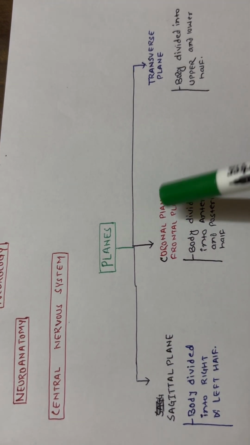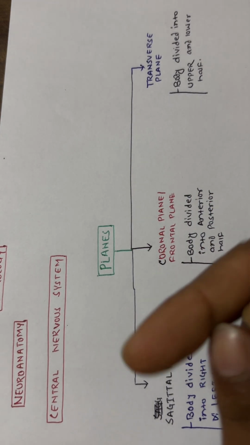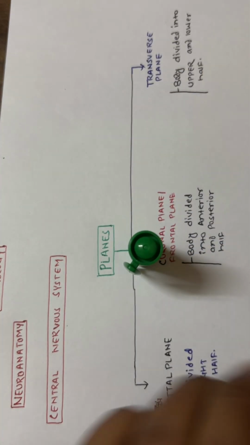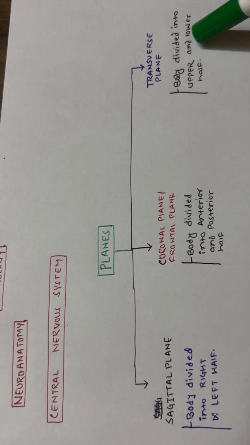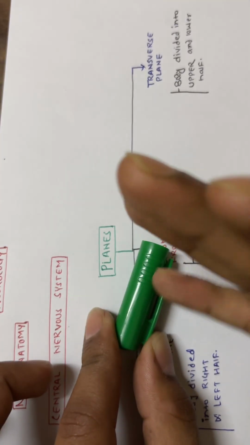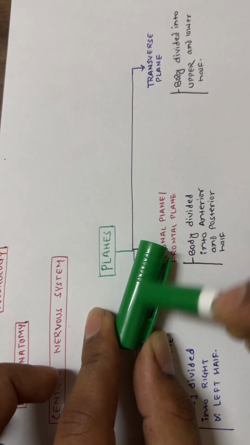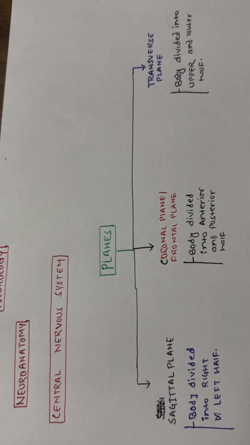The coronal or frontal plane divides the body into anterior and posterior halves. And the transverse plane divides the body into upper and lower halves, if we cut the body through the middle. Now we'll see this in the pictures.